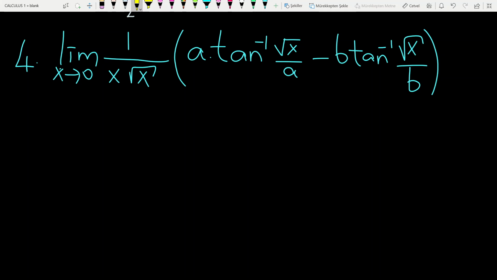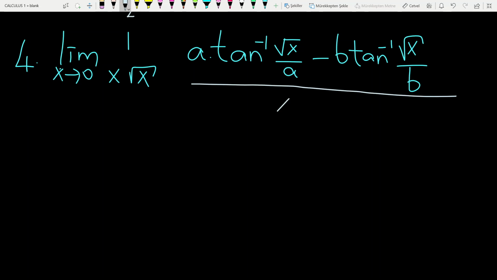When we approach, let me first substitute the given function. Let me write x times square root of x as x to the power 3 over 2. Okay, x times square root of x.